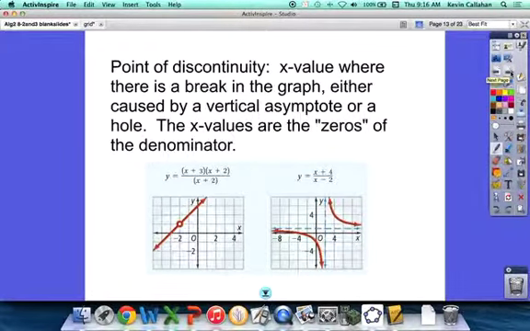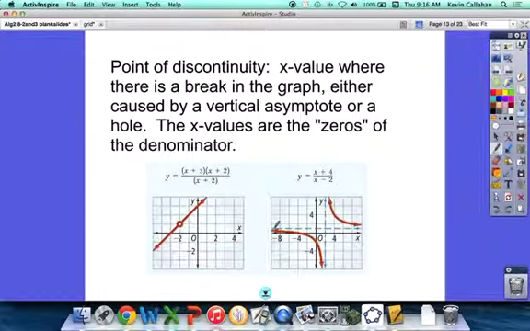So the first, they talk in terms of points of discontinuity. They don't really say that in the SOLs. In the SOLs, they really talk about vertical and horizontal asymptotes, concepts that we are already familiar with. The truth is that there are two kinds of points, which are x values, where the graph, like we've already seen on an inverse variation, has two branches.